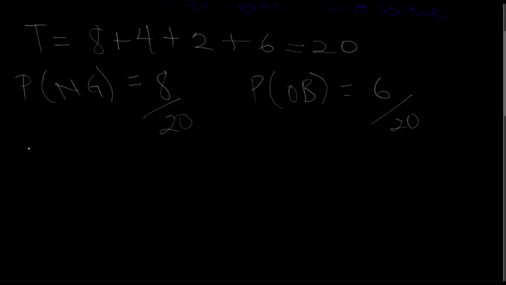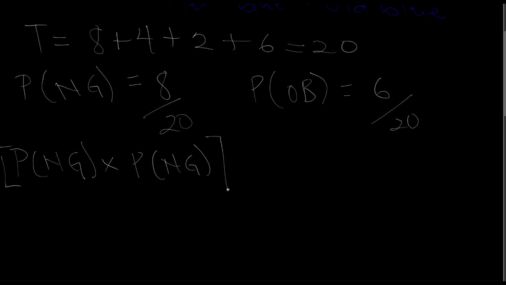So you find the probability that either 2 new green balls or 2 old blue balls are selected. So it means the probability of selecting a new green ball first, and like I mentioned earlier, in probability "and" is multiplication, and the probability of selecting a new green ball again; "or" in probability is addition.